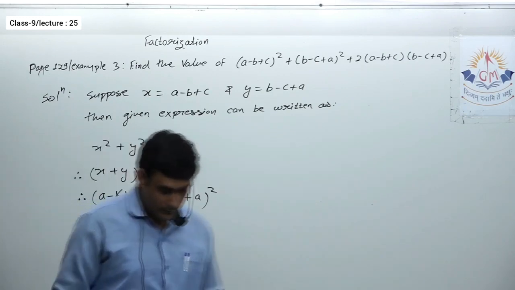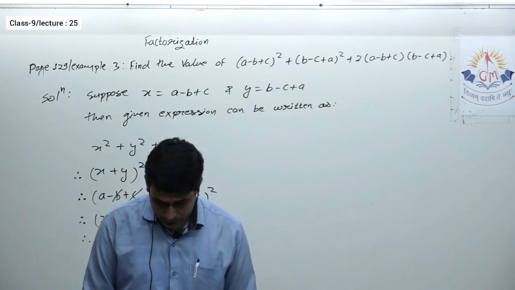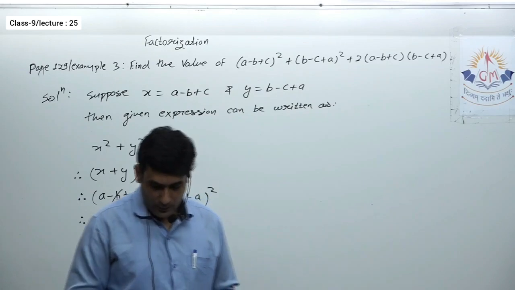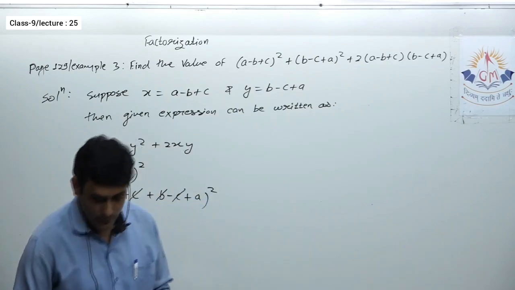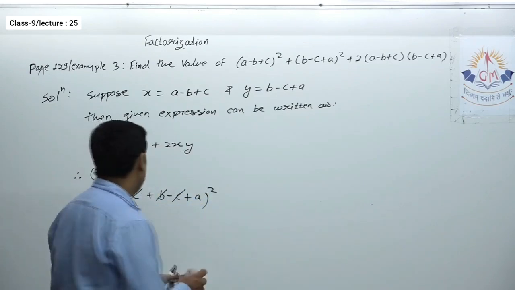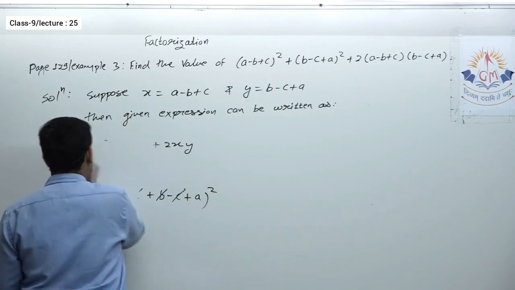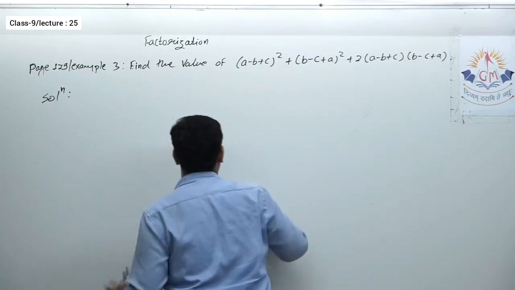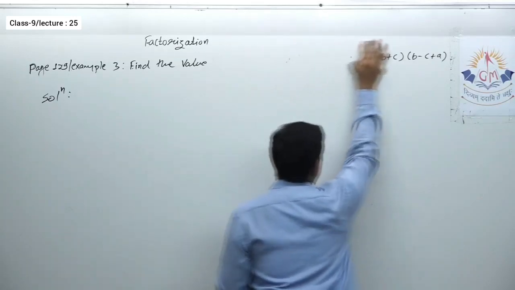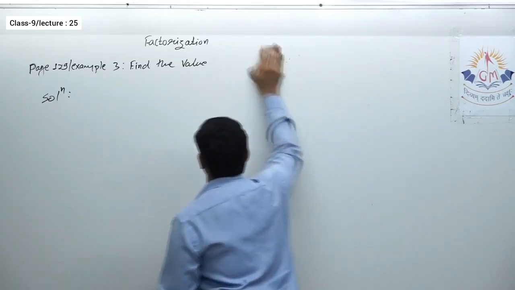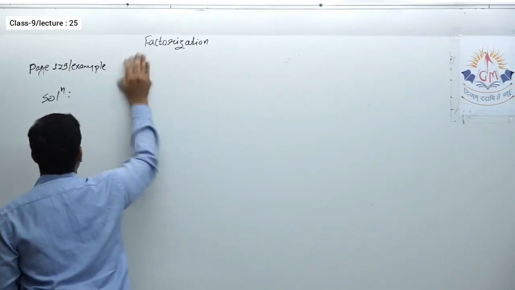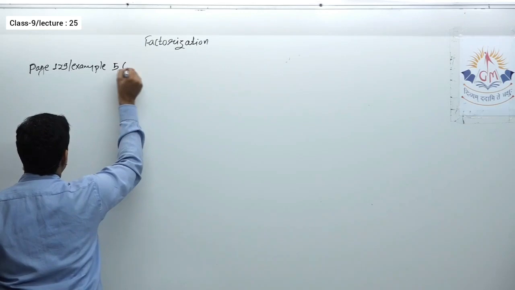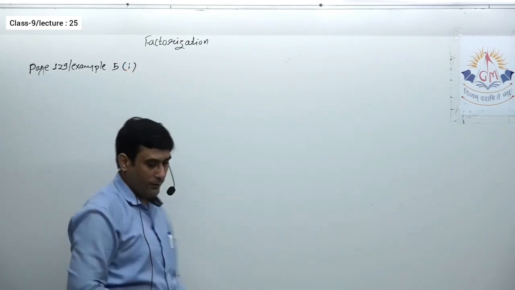Okay, now after example number 3, we'll come to example number 5. Page number 129, example number 5. Example 5, its first one. Again we have to find the factors.